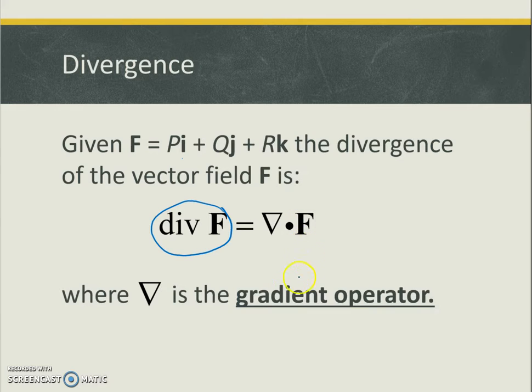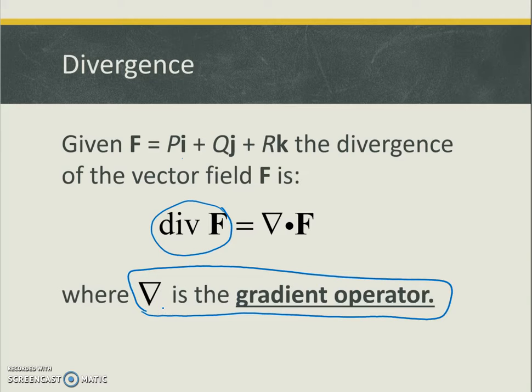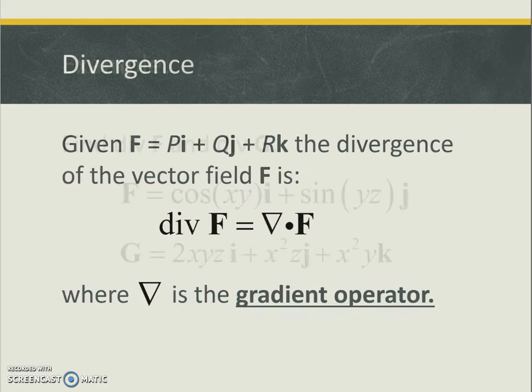It really means that we're taking the gradient operator again, like we did with curl, and we're doing a dot product rather than a cross product with that vector field. And keep in mind that our gradient operator is partial with respect to x, partial with respect to y, and partial with respect to z. So let's go ahead and see how this works on a vector field.